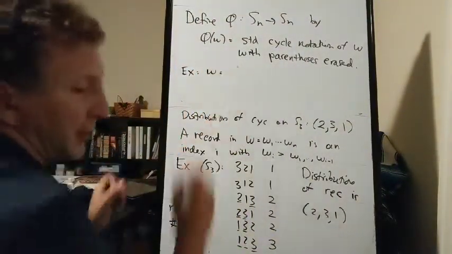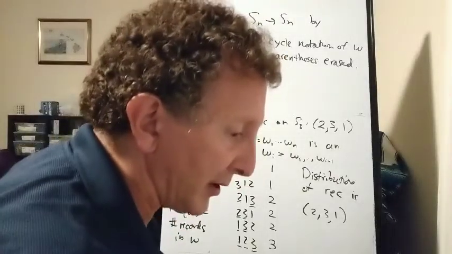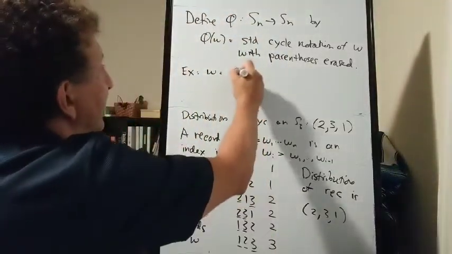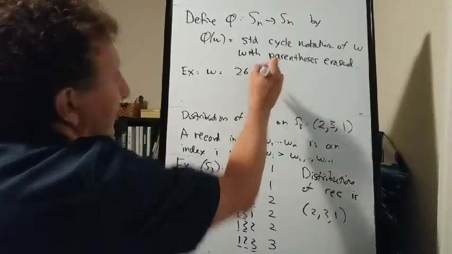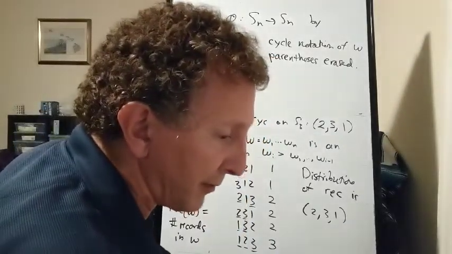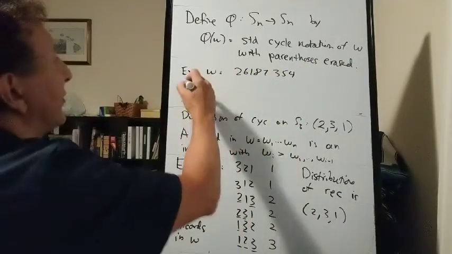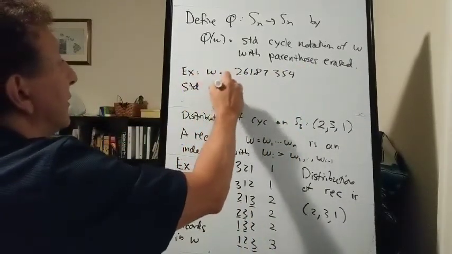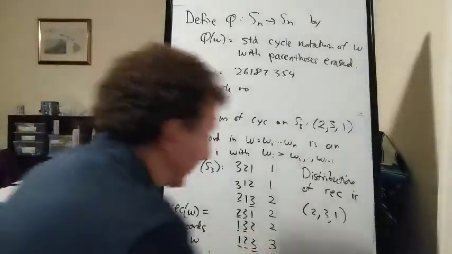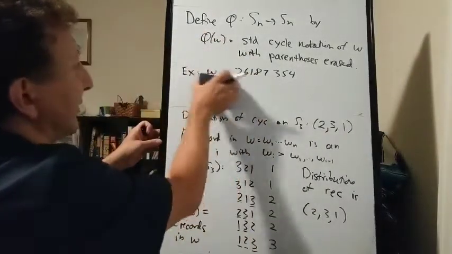So for example, if W is the permutation 26187354, the standard cycle notation, well, it's a cycle notation, never mind if it's standard.